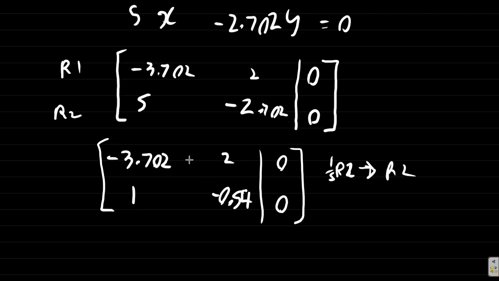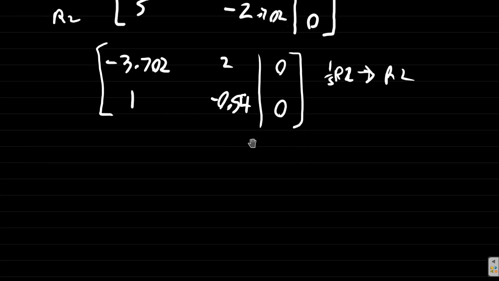Now suppose we divide row 1 by negative 3.702 to give us our new row 1. What would that mean? When we divide negative 3.702 by itself, we get 1.